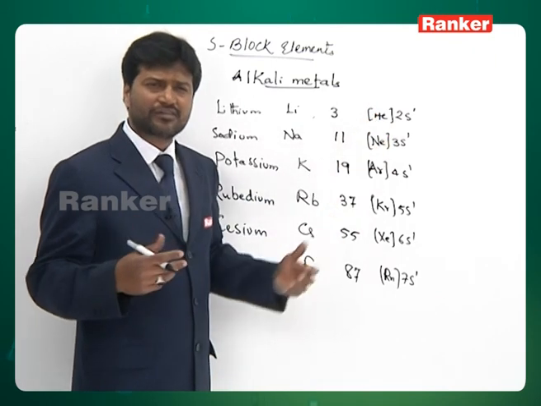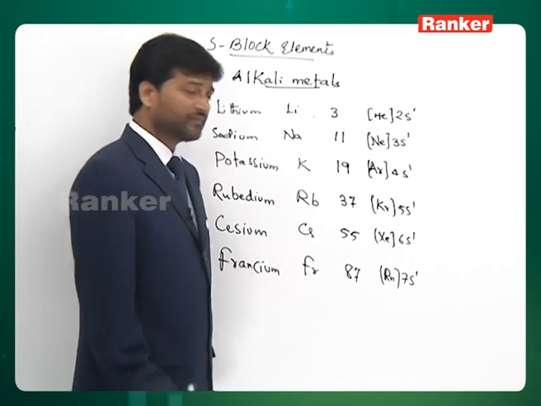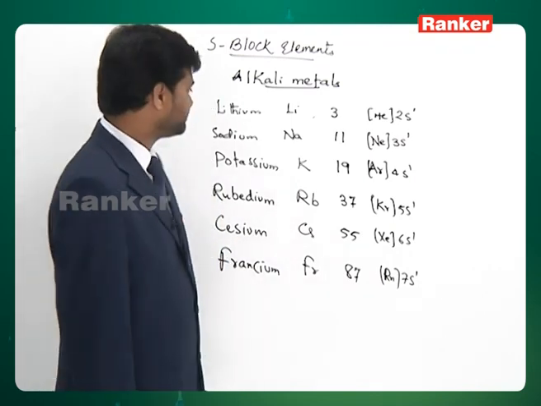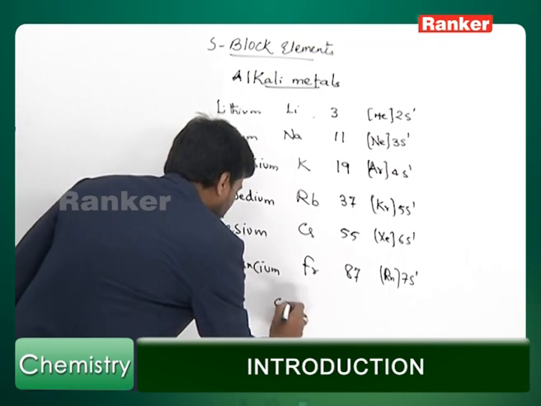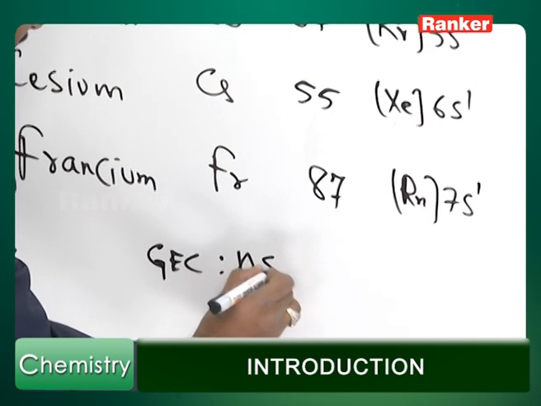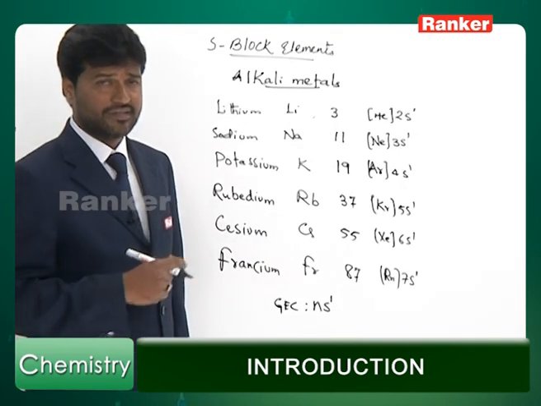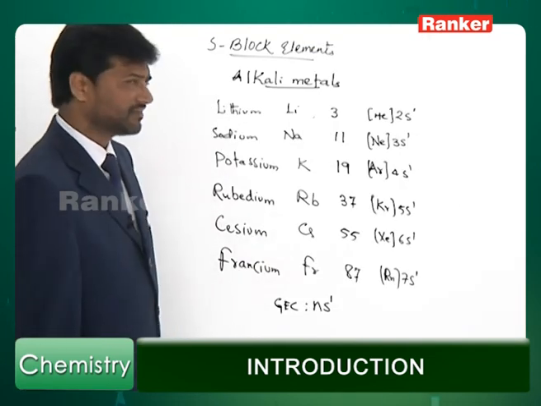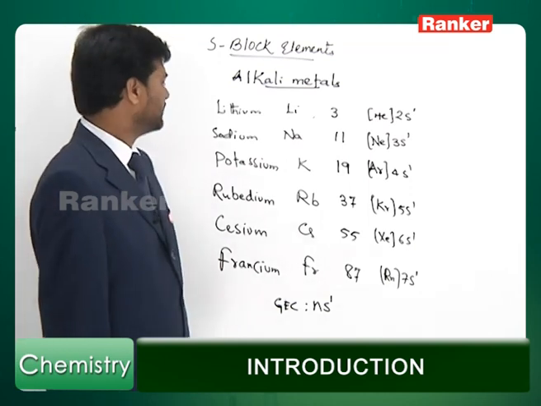Their compounds are mostly ionic. You can write the general electronic configuration as ns1, indicating that they all have one electron in their valence shell present in the S subshell.